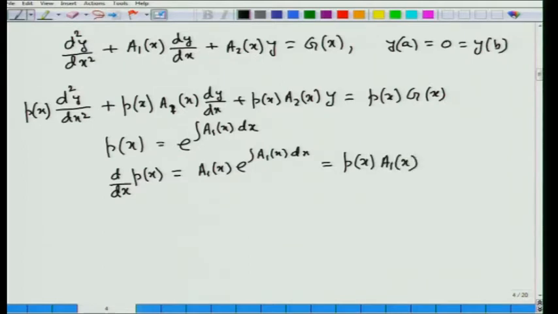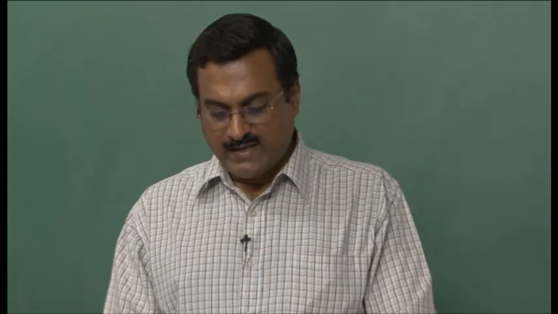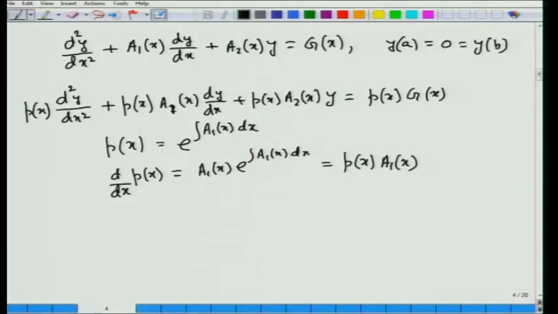So, if we define p of x in this particular way, the first two terms of the last expression, that is p of x d 2 y dx 2 plus p of x times a 1 of x dy dx, can be combined to write d dx of p of x into dy dx.